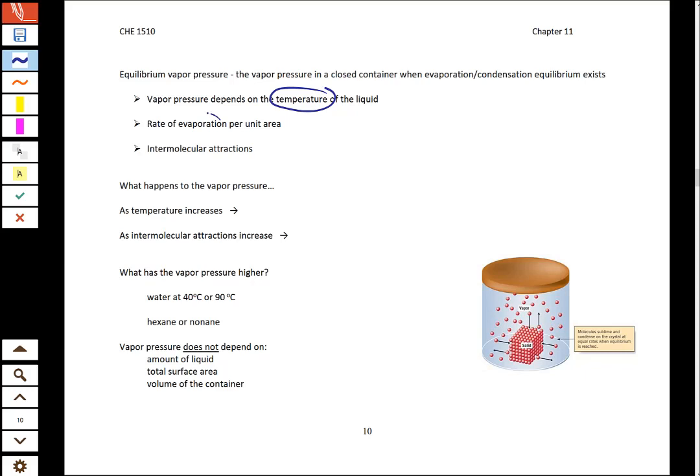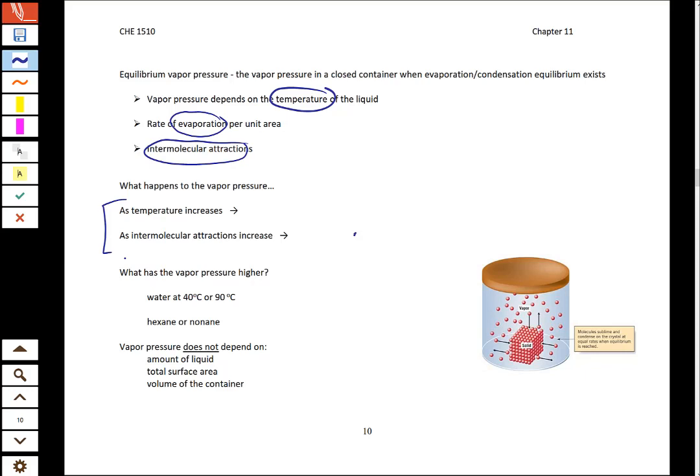The intermolecular attractions also have an effect, because the intermolecular attractions are also related to evaporation. So if you have strong intermolecular attractions, then you're going to have less vapor molecules, which means a lower vapor pressure. So let's summarize those two most important points here.